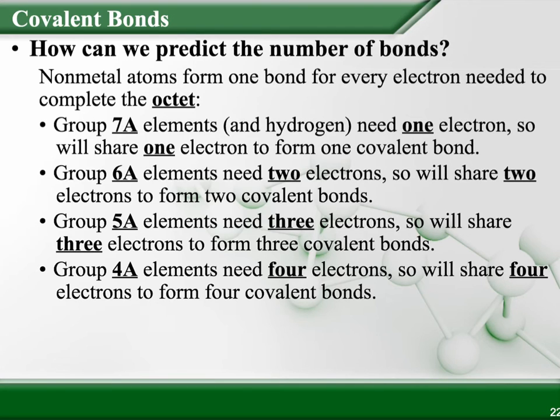Remember our Fruit Loop lab that we did, and we noticed that when we bond nitrogen, it can bond to 3 different atoms. So it can form 3 single bonds. And then group 4A needs 4 electrons, so it will share 4 electrons and form 4 bonds. So the number of electrons that our nonmetals need is the number of bonds they will form.